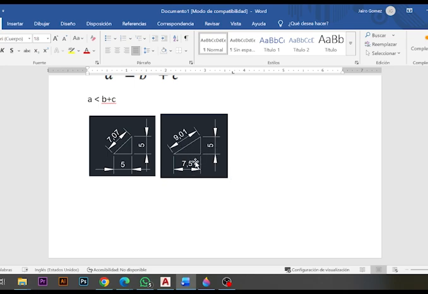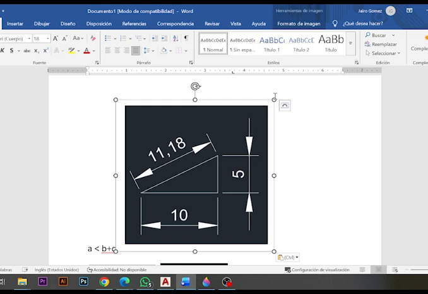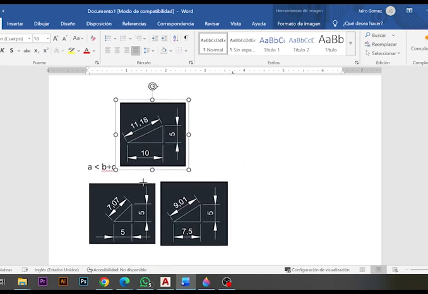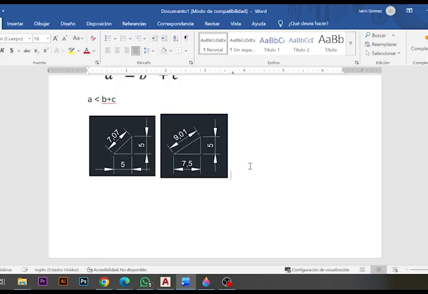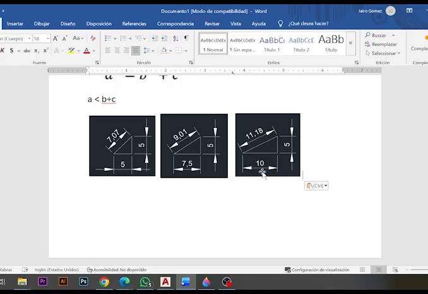So our first conclusion is that as B or C get larger, A will remain much smaller than the sum of these two. So this supposition right here is still valid. Let's see what happens when B becomes even larger. When that happens, side B and C are equal to 15, and side A is equal to 11.18.